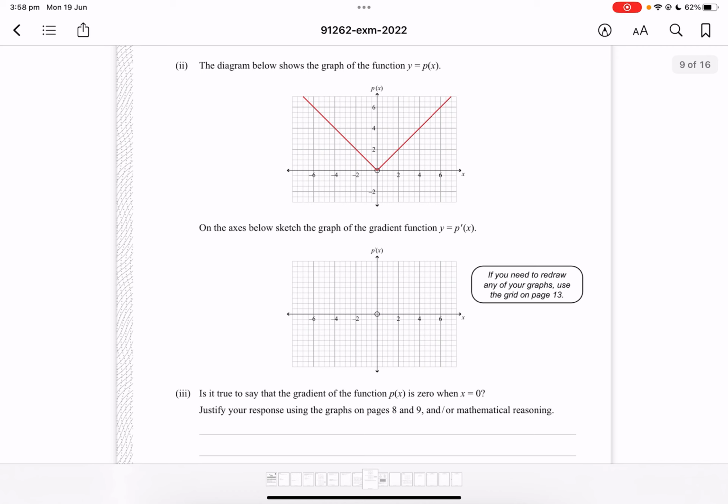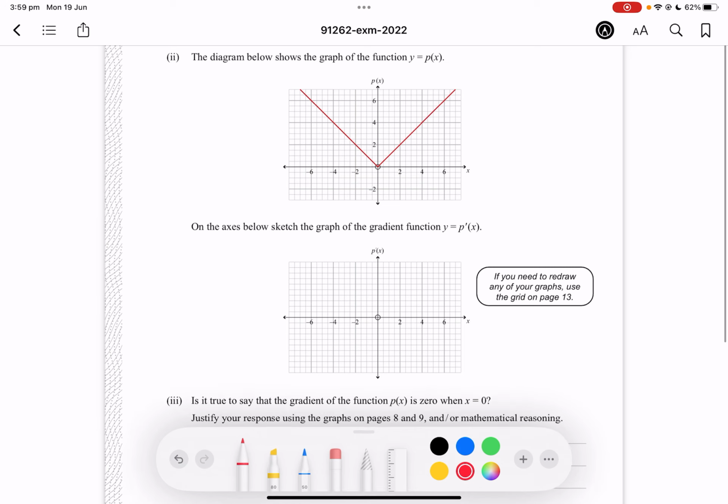Alright, so for question II, the diagram below shows the graph of the function y equals p of x. On the axis below, sketch the graph of the gradient function y equals p dash of x. For this question, the gradient is going to be a straight line on the left-hand side and a straight line on the right-hand side.